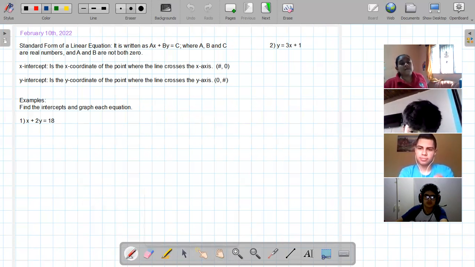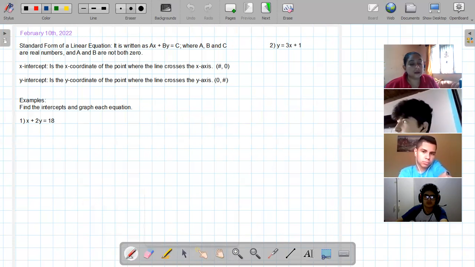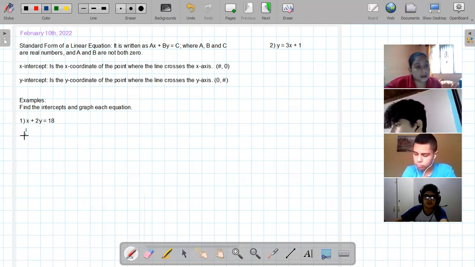Example number 1, and the instructions are: find the intercepts and graph each equation. This is a method that's mostly used when we are graphing because it is really easy, okay? We're going to identify the intercept in x as I, x. I for intercept, x for the x-intercept.